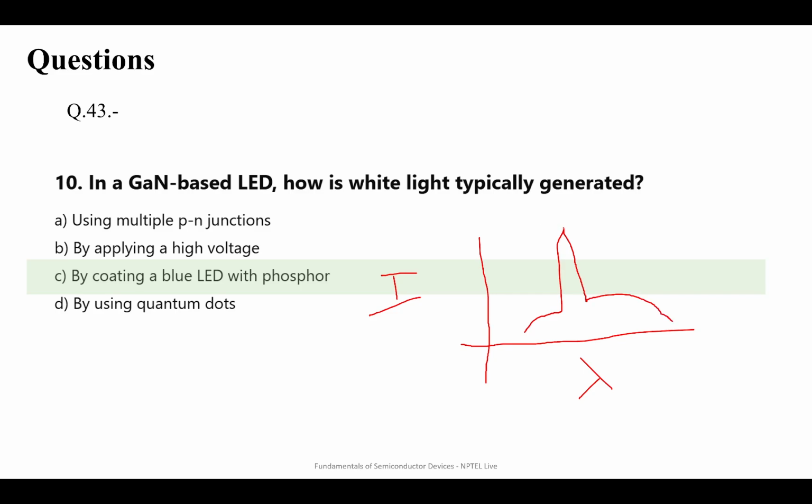This is the light from your blue LED, around 400, nearby 400, 410. This broad spectrum is coming from your phosphor, and the combination of both of these gives you your white light.